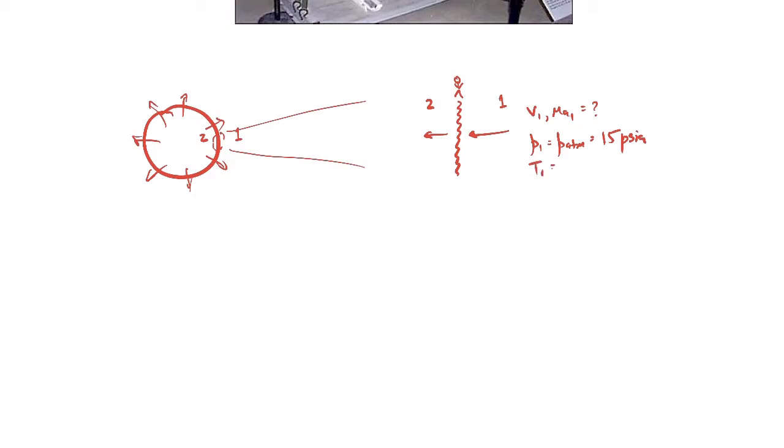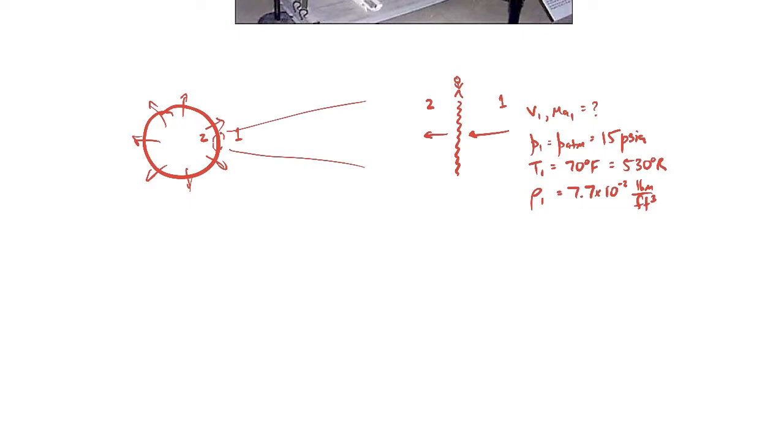And I'll say the temperature is 70 degrees Fahrenheit. We're going to leave this in English units. We want to convert that to degrees Rankine, so that's 530 degrees Rankine. And given that pressure and temperature, you can find the density. That comes out to be 7.7 times 10 to the minus 2 pounds mass per cubic foot. So these are just normal atmospheric conditions.